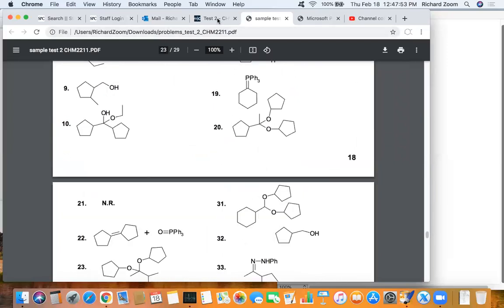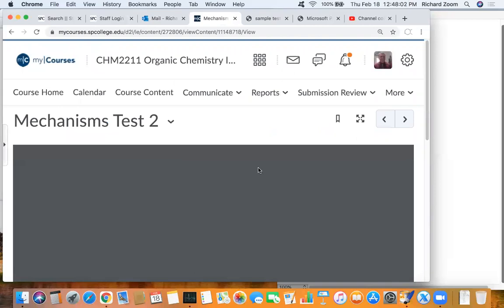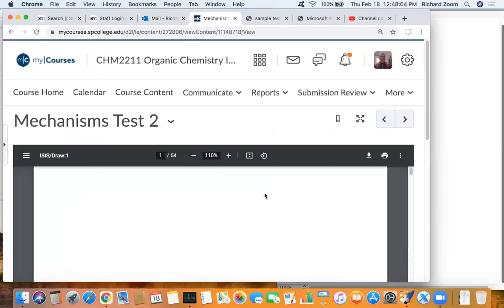But for the mechanisms, there's another file here, this mechanisms test 2, which goes through each of those problems and shows the full mechanism for each one. And it's one per page, so they're pretty easy to find.